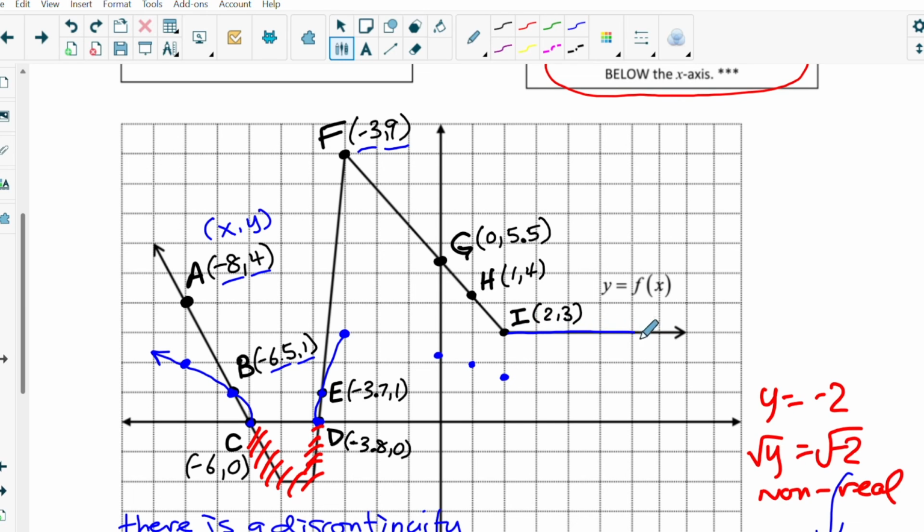And then this part, it's all constant. So if I keep plotting points, it's going to be level all the way through. Okay, so when I sketched all of this in, nice curve like this, and then there's an inflection here where it straightens out, and that's it.